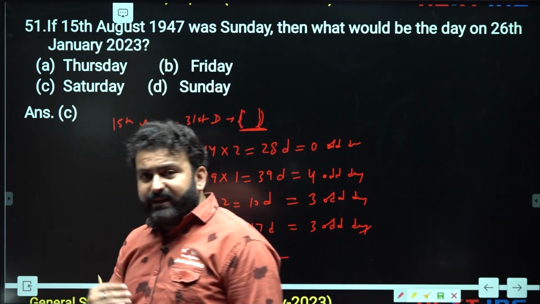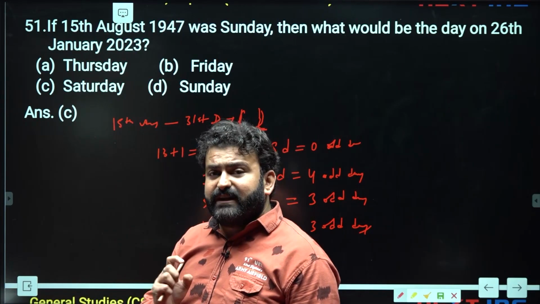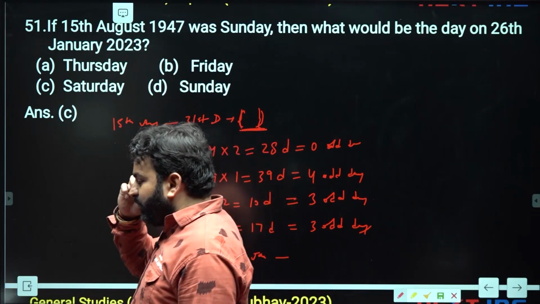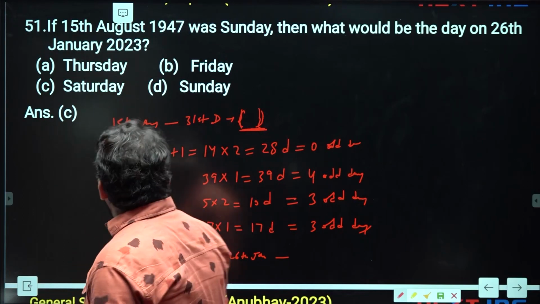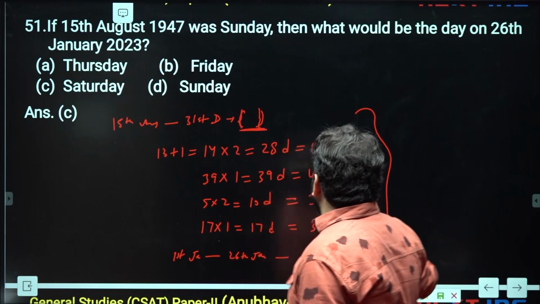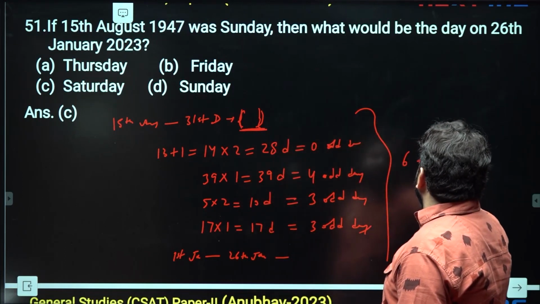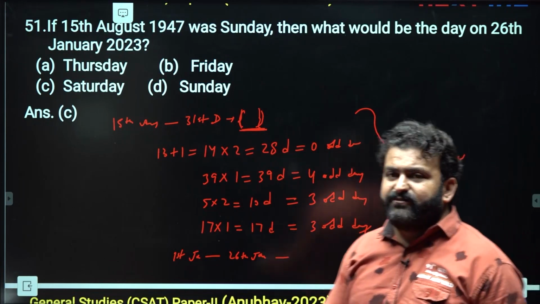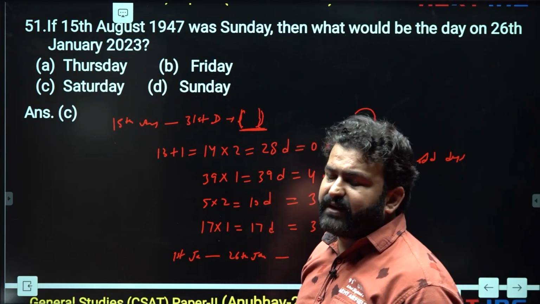So finally the total odd days you get is 6 odd days. So you move 6 days ahead, that is Saturday.